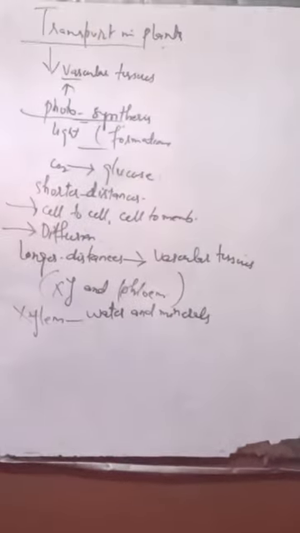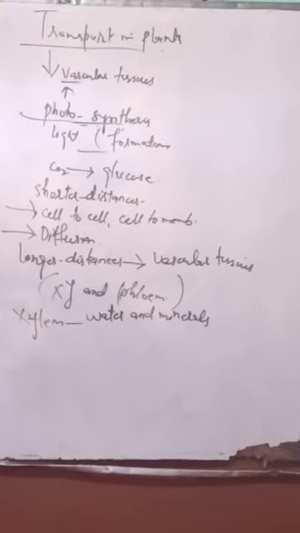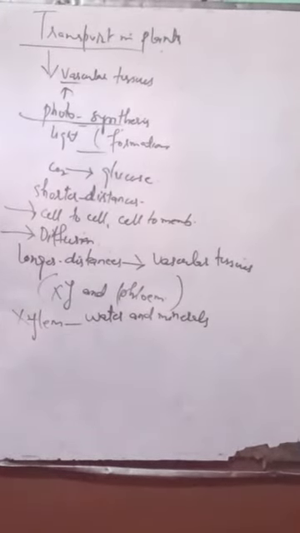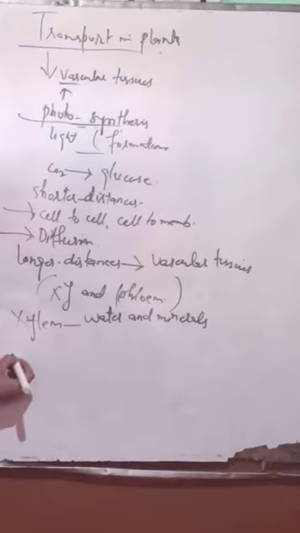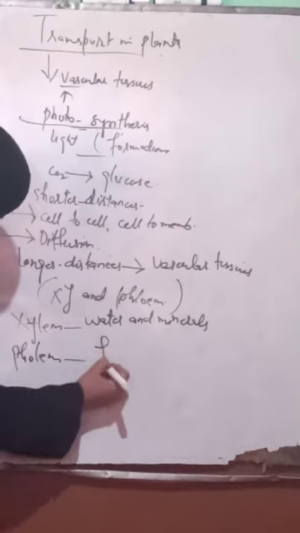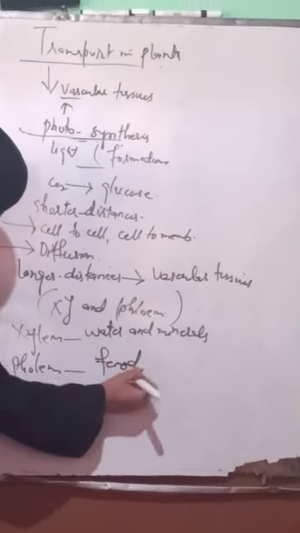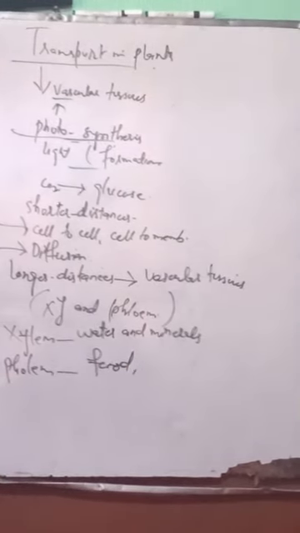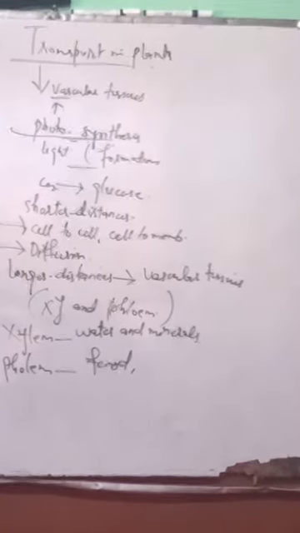water and minerals. And phloem is responsible to transport that food, for example sugar, which is formed as the result of photosynthesis. Phloem transports food, and food is that sugar which is formed as the result of photosynthesis.